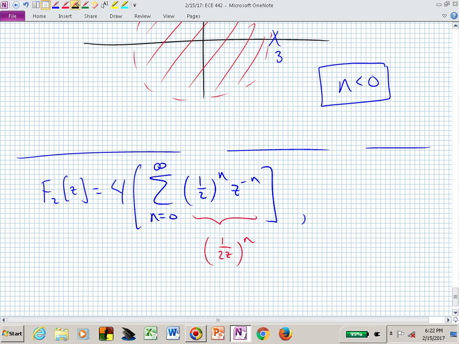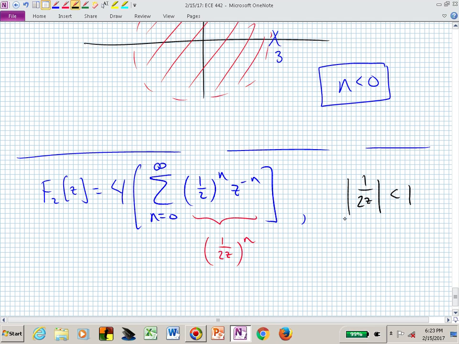Now I am raising it to higher and higher powers of n. N is going from 0, 1, 2. I need this common ratio to be, if I'm raising it to higher and higher powers, less than 1.